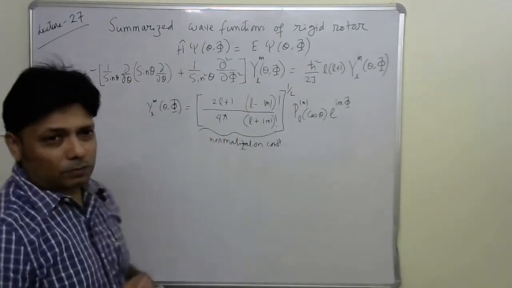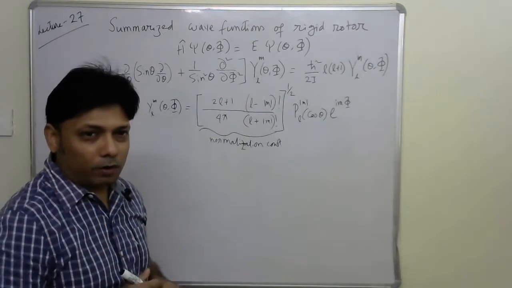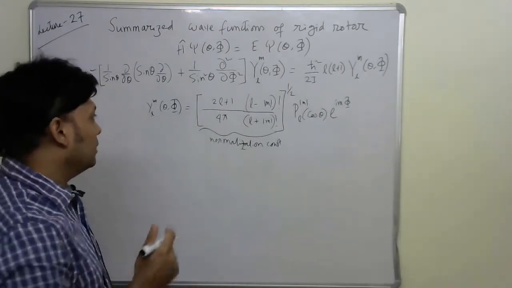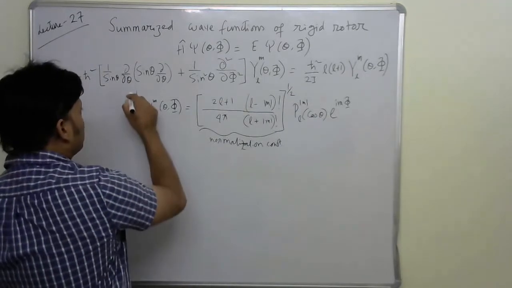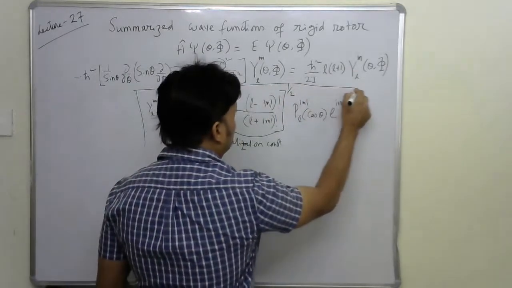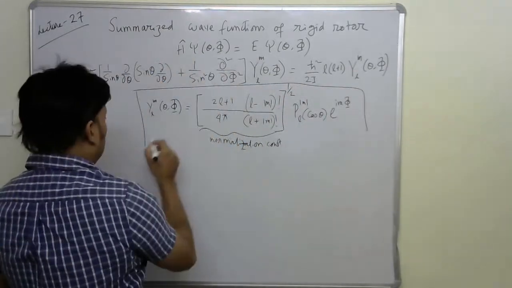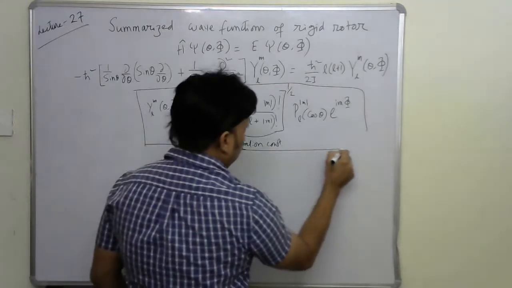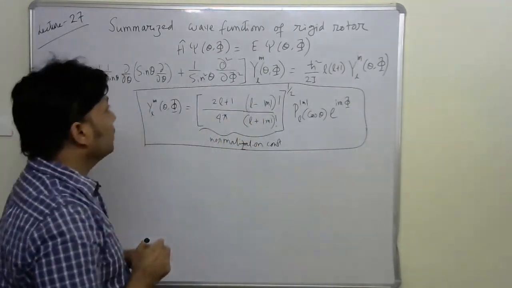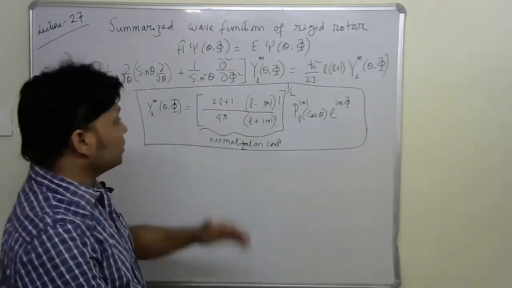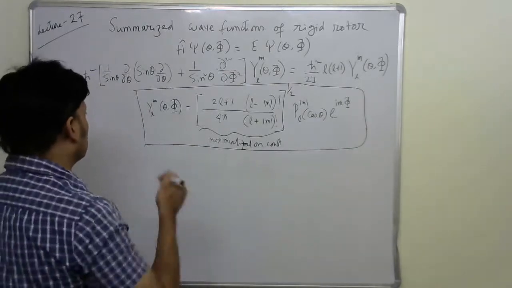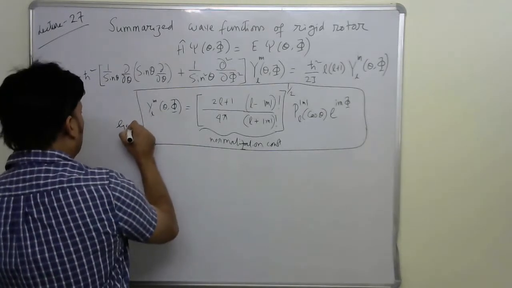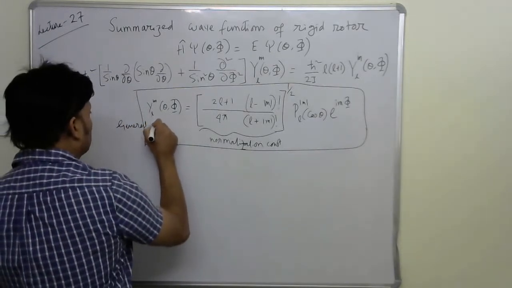You know what the most striking part of it is? Probably you have noticed. If that is the generalized summary of the wave function for the rigid rotor, these are the general solutions.